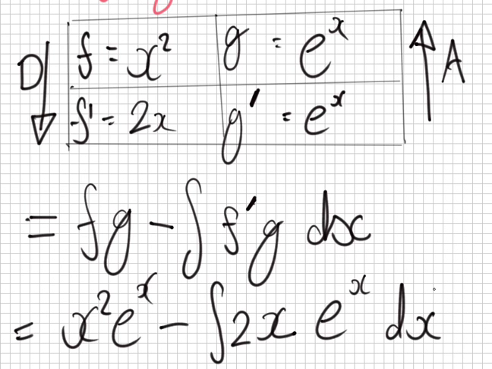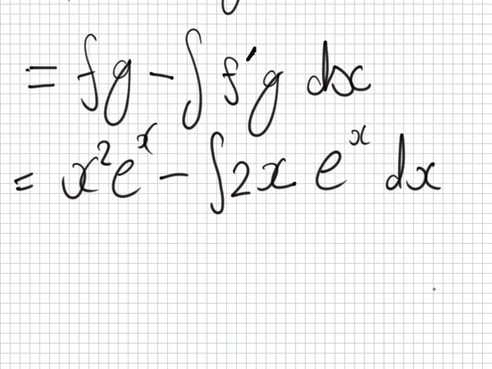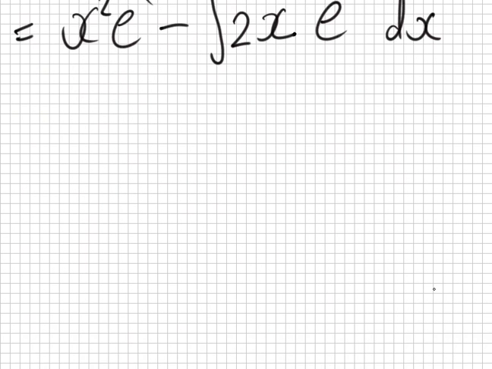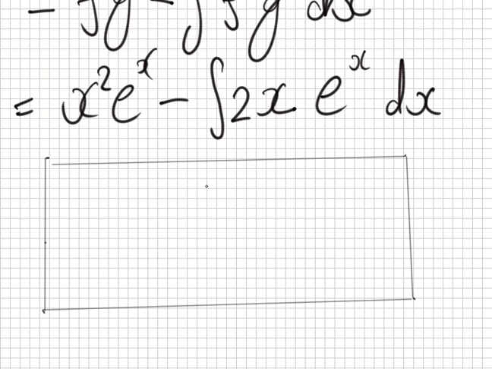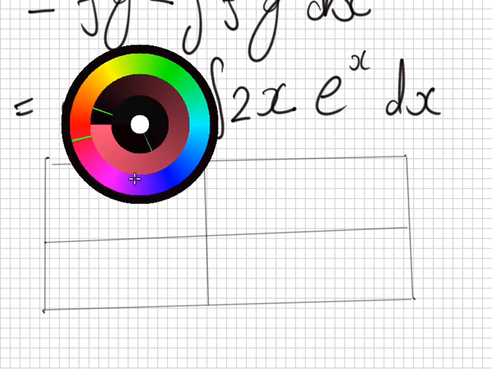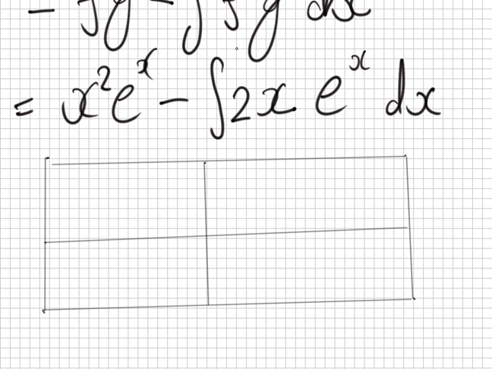Now, notice how we still have an integration. In fact, we have to use the rule again on the new problem. So we need another table now. So here's another table, and this table is only being used on this piece.